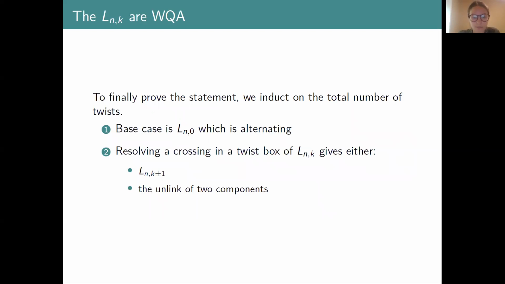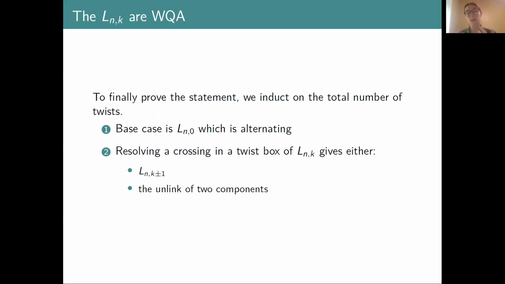And anytime I take my link L_n,k and resolve, if I do the 0 resolution, I get the unlink of two components. And if I do the infinity resolution, I reduce the number of crossings by one, and depending on the sign of k, I've either added one or subtracted one from k, but I've made my knot simpler.